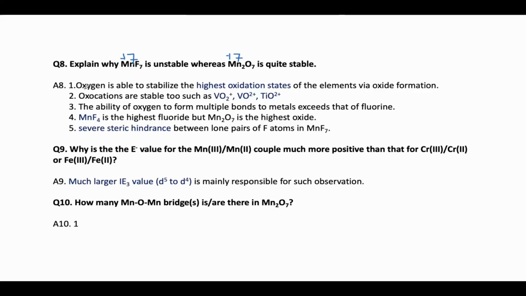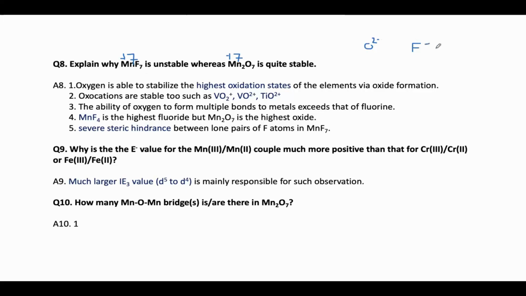So here come some points that I will discuss one by one. The first one is that oxygen is able to stabilize the highest oxidation states of the elements via oxide formation. You see, the oxide ion is O2 minus, but fluoride is F minus.